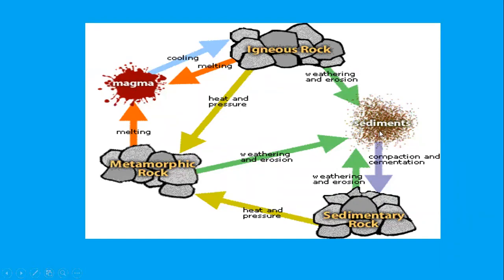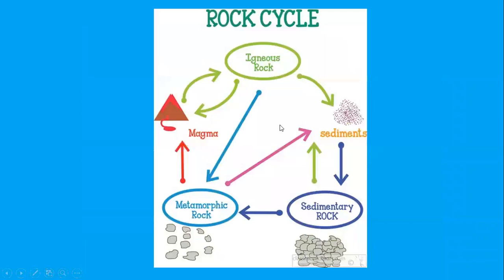When these sediments are compressed and become hard, they are known as sedimentary rock. When the sedimentary rocks and the igneous rocks get heat and pressure, they turn into metamorphic rock. Again, the metamorphic rock melts and the magma comes out. So this whole process is known as the rock cycle.